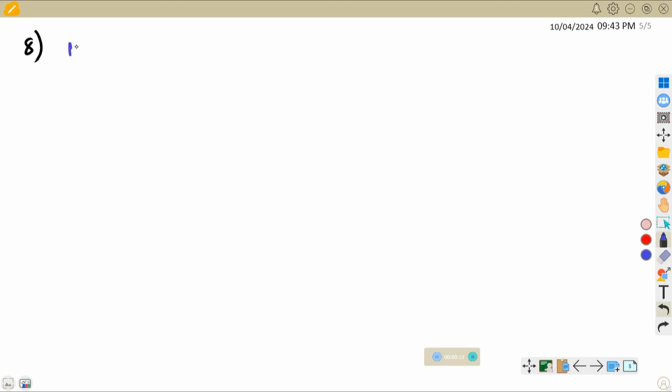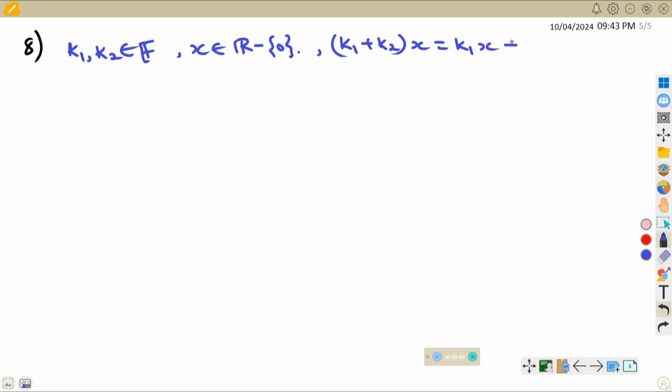If we consider two scalars, k1 and k2, picked from the set F, and x picked from our non-empty set, which is the set of real numbers except 0, we need to show that k1 plus k2 of x is k1 of x plus k2 of x. This is what we need to show. Now we shall start with this side.